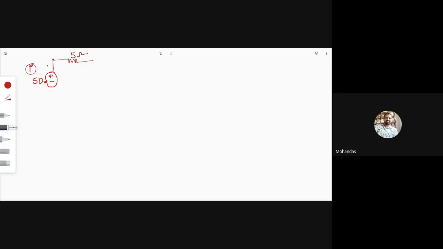Note down, all of you note down this problem. Try to solve this problem. 5 ohm resistor. This is a 10 ohm resistor. Again, this is a 5 ohm resistor.